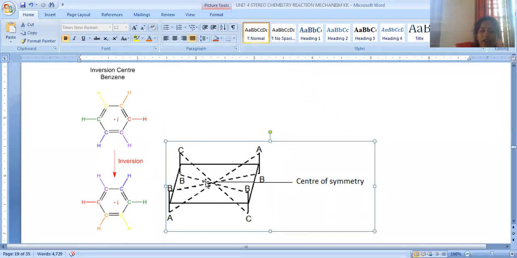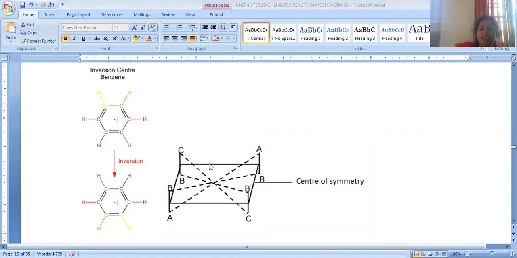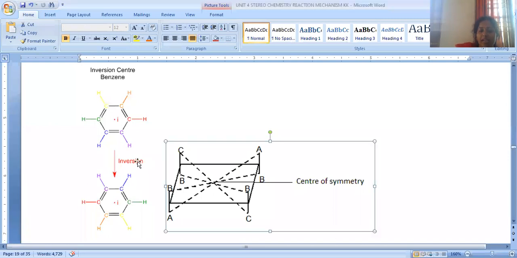If the line drawn from the center meets two identical functional groups, the molecule is said to possess a center of symmetry. So this is very simple. If the center of symmetry is present in the molecule, that molecule also becomes optically inactive and the molecule becomes achiral.